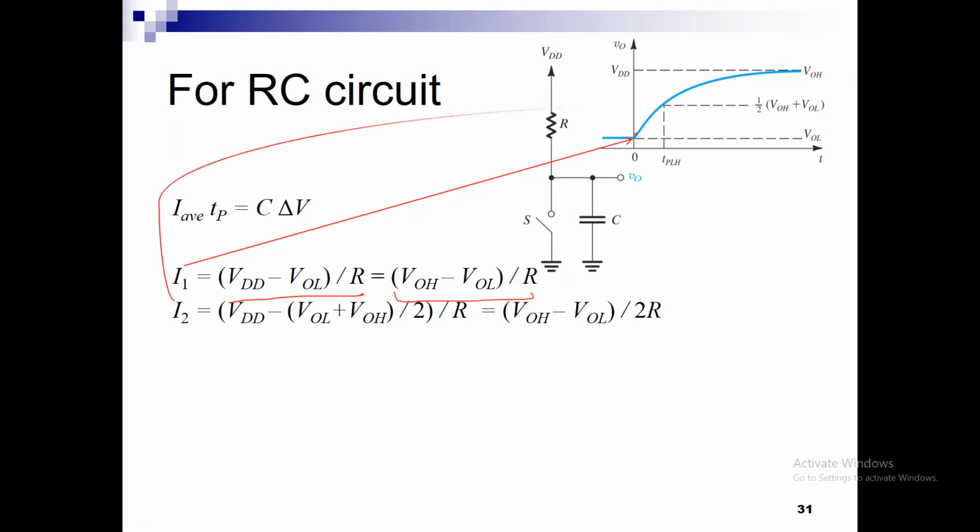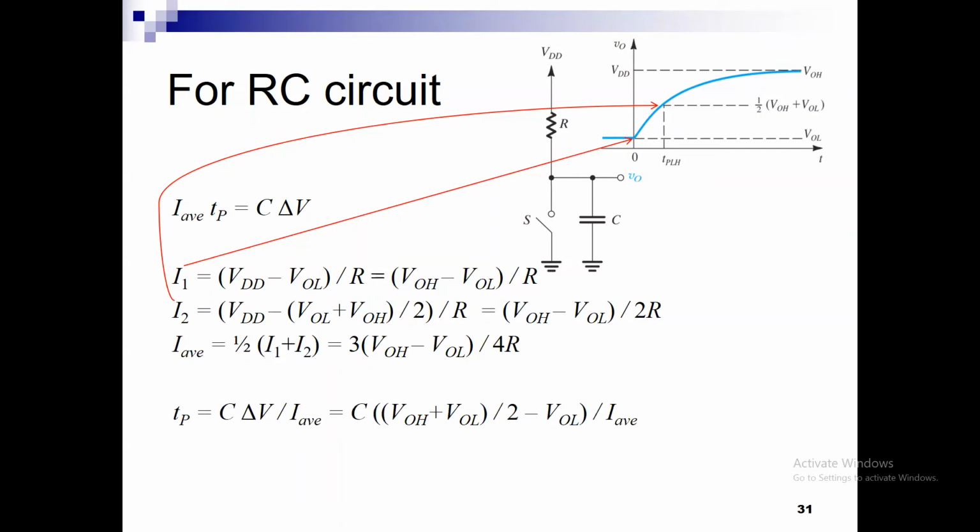And then at the second time point, which is here, the current is really this time equal to VDD minus the value of V out at the 50% point over R. Okay, and from this quantity, I can calculate the average current, half of the sum, and therefore I can find my delay to be C times delta V at these 2 points, this minus this, over I average.